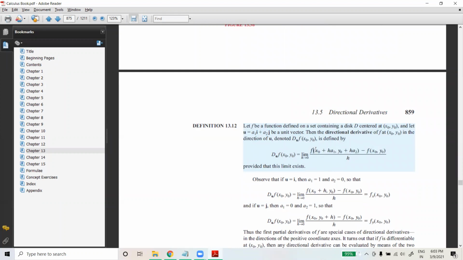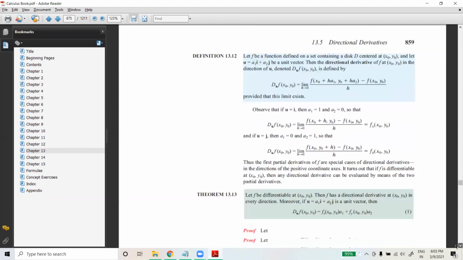You have to travel along that line to get that derivative. You have to evaluate the function from this point, traveling a1h in the x direction and a2h in the y direction.